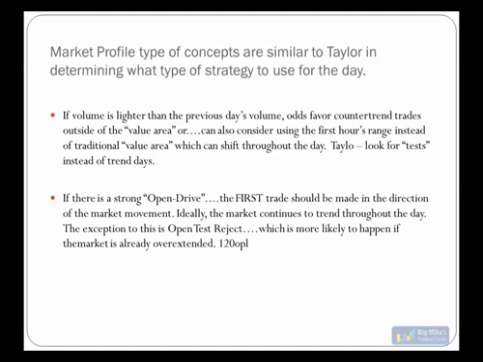And that higher time frame player, the institutionals, are the ones that create the money flows, and that's who we really want to ride the coattails of once the market's trending. So if volume's light, you're much more likely to get one of those Taylor days that's not going to close on its highs or its lows. It could be more of a market profile, auction type of day, and so forth.